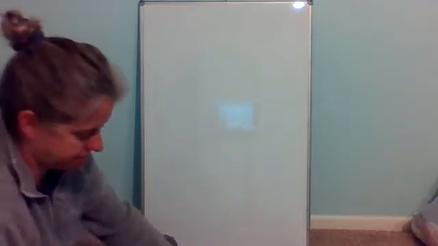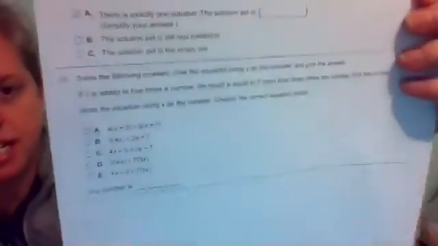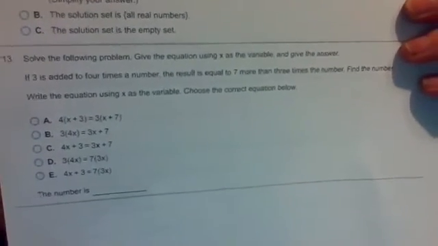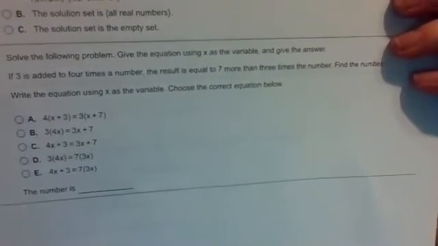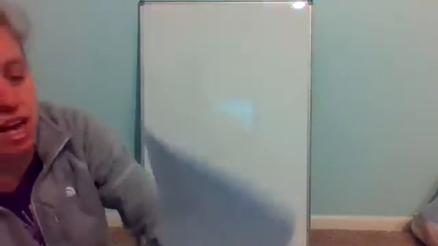All right, let's see. Okay, so it's another one where they give us a sentence and ask us to translate it. So it says, if 3 is added to 4 times a number, the result is equal to 7 more than 3 times the number. So let's see.